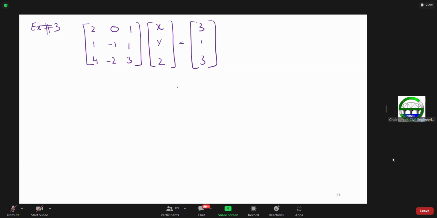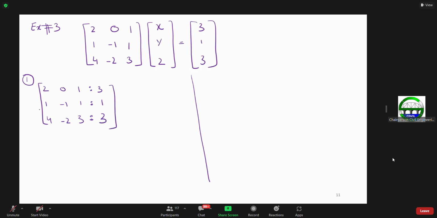So first step is, we will write the augmented matrix. Augmented matrix will be 2, 0, 1, 3, 1 minus 1, 1, 1, and 4 minus 2, 3, 3.